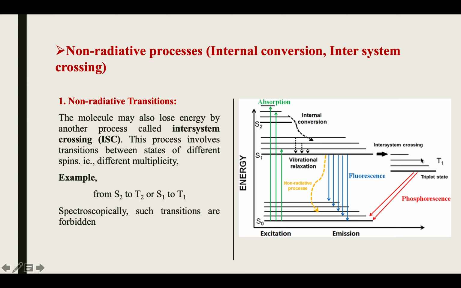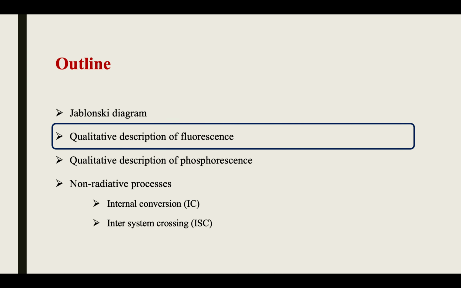Triplet means the spins are parallel, and singlet means the spins are paired, that is, anti-parallel. If this transition happens from singlet to triplet, we call it intersystem crossing. These are two different systems but the same molecule. This is a non-radiative process, so there is no emission of any photons.